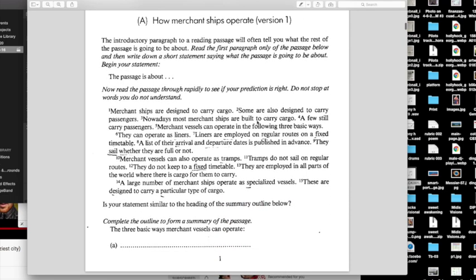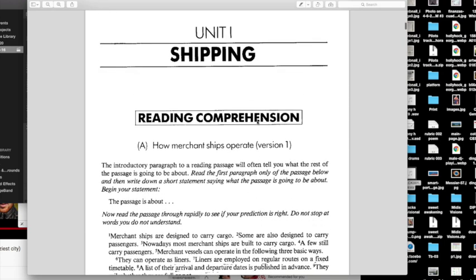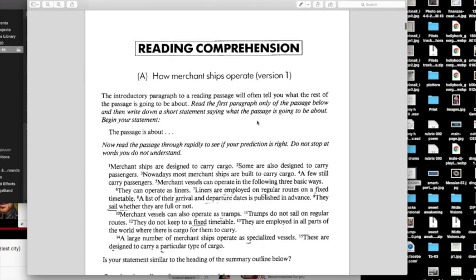But anyways, I recorded this video so you can understand this assignment better, specifically the one for the English for Maritime Studies book. We're starting from unit number 2 because the content of the subject starts from types of vessels.